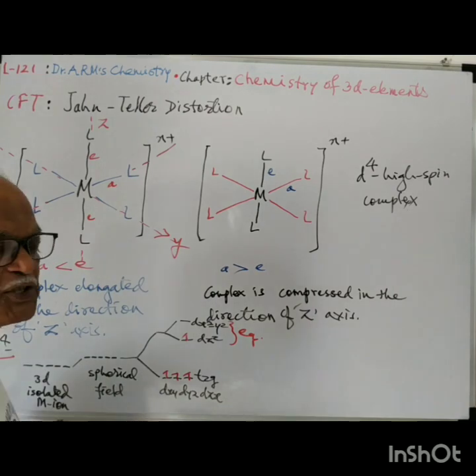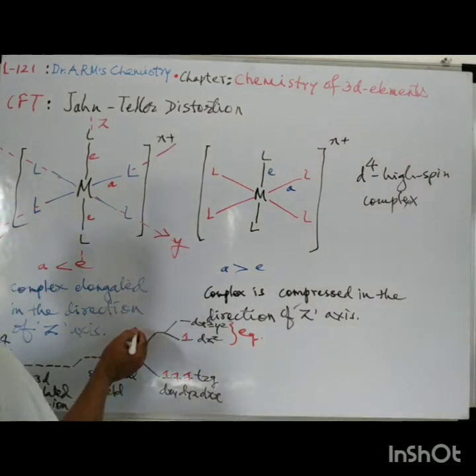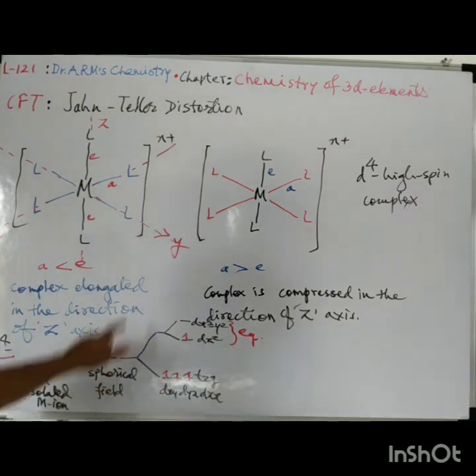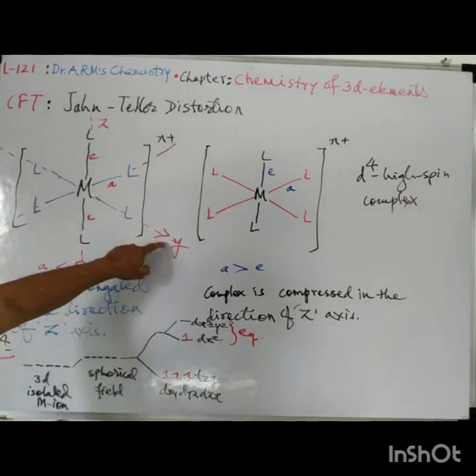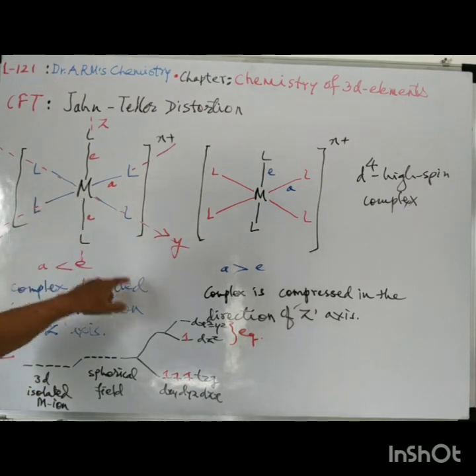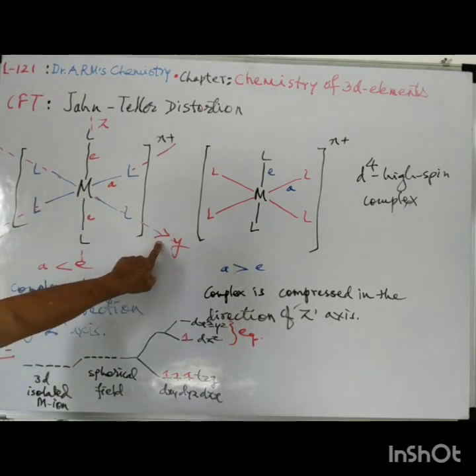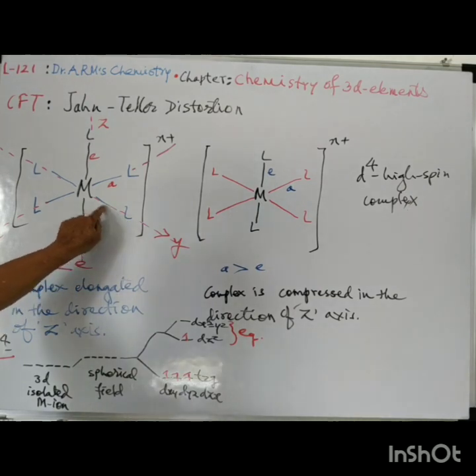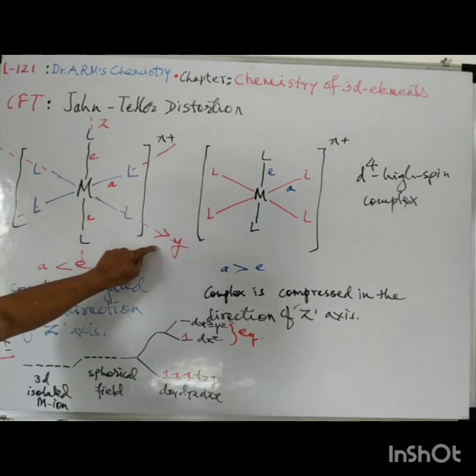Here we will find that these x2 minus y2 orbitals are lying in the direction of the y-axis and x-axis. So they show repulsion only when the metal ions have electrons in the orbitals in the direction of the y-axis.